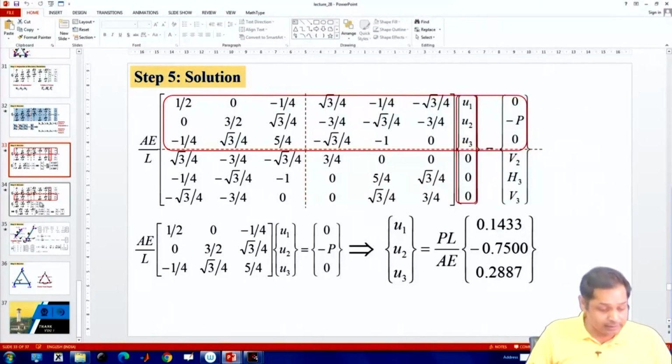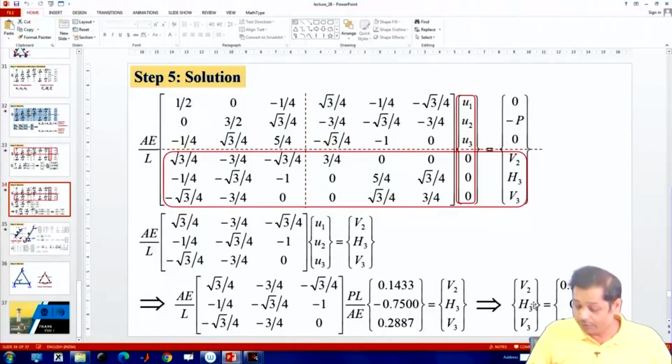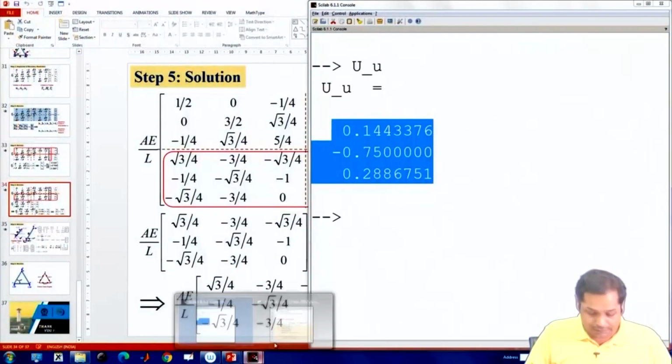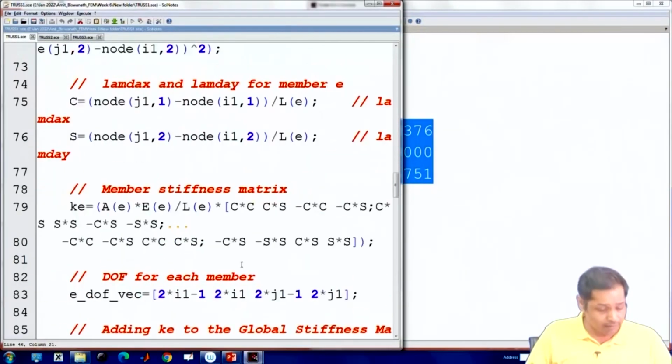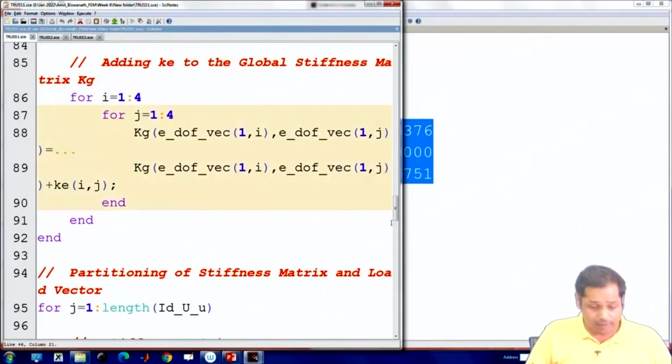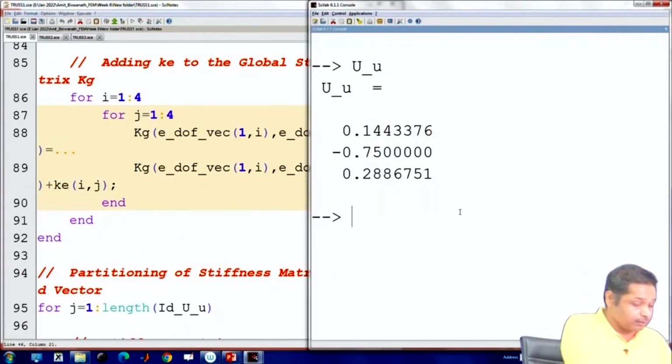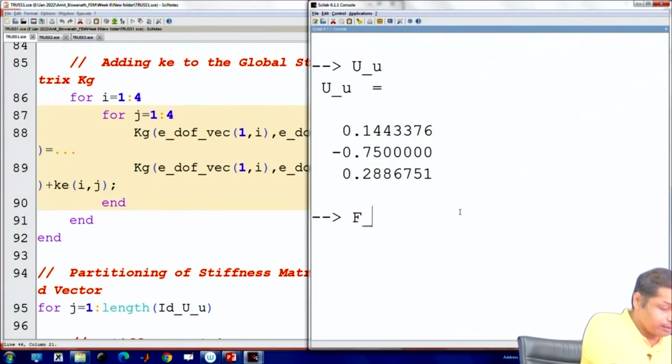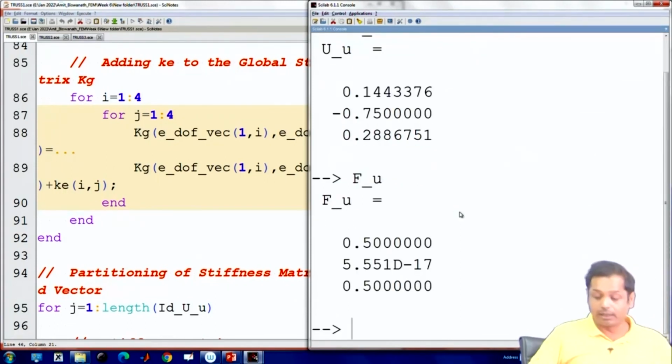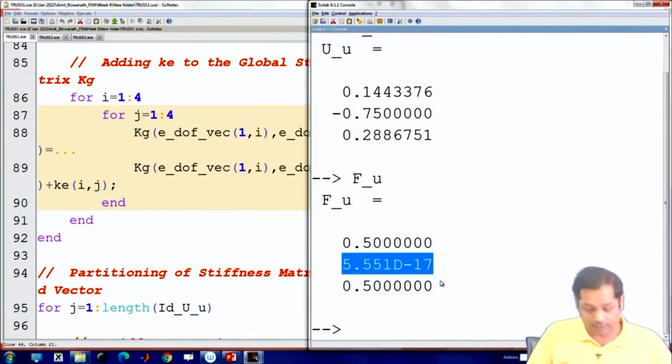Then the forces are determined, the forces are like this. The reactions are this. So this is essentially 0, 10 to the minus 17 is equal to 0.